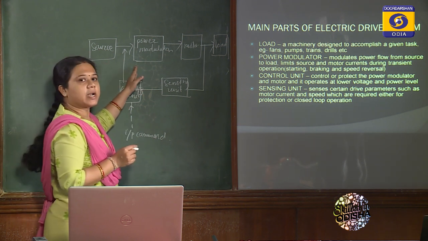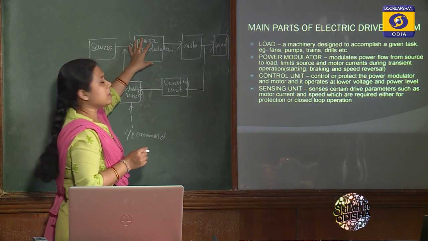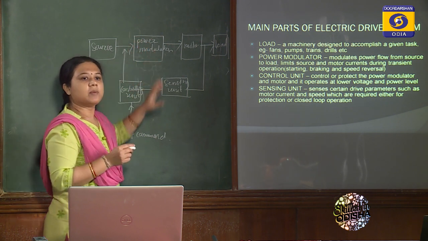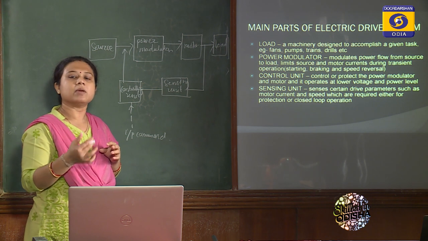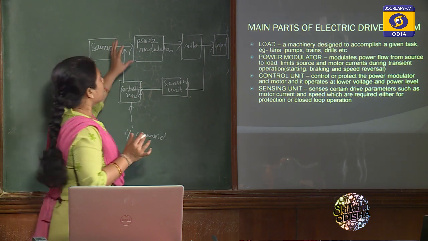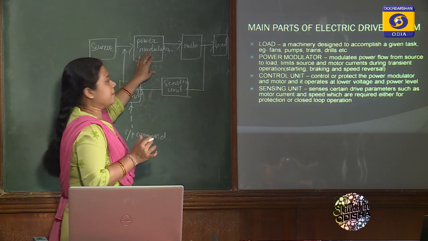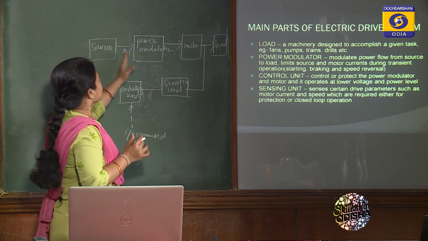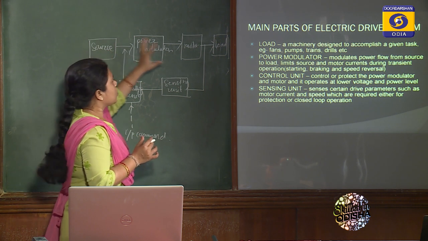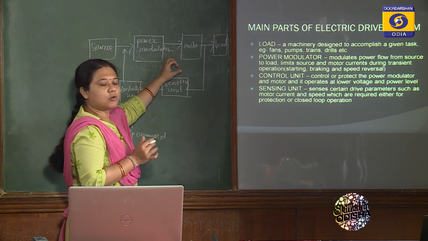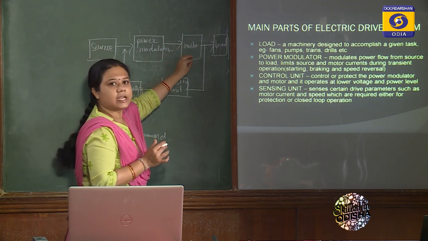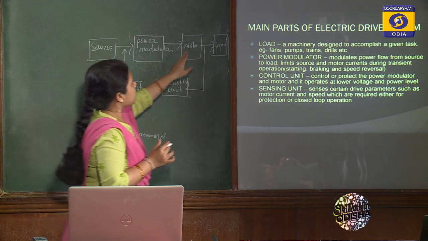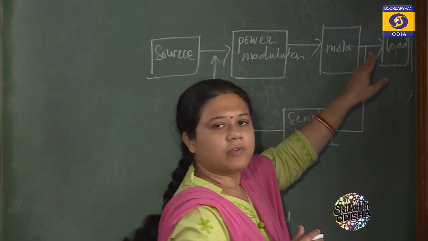That means as per our requirement, the power modulators will be present here. That may be inverter, converter, rectifier, any type of power modulator. So this power modulator will convert the input AC supply to our desired output, which will act as the input to this motor. Then directly the load will be coupled with this motor.